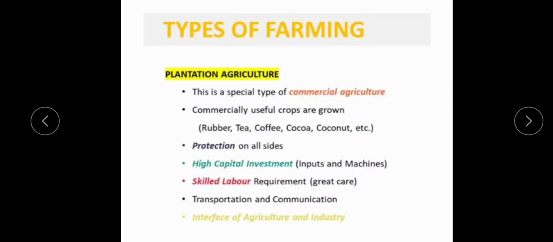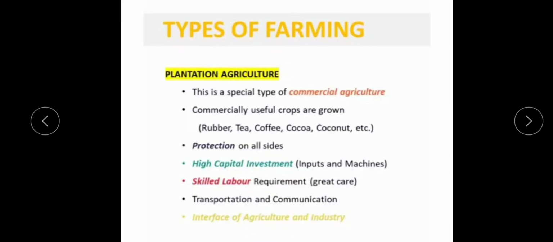It also takes a long time to grow plantation crops, and it requires a lot of care. Skilled laborers are required because it has to be handled with great care.